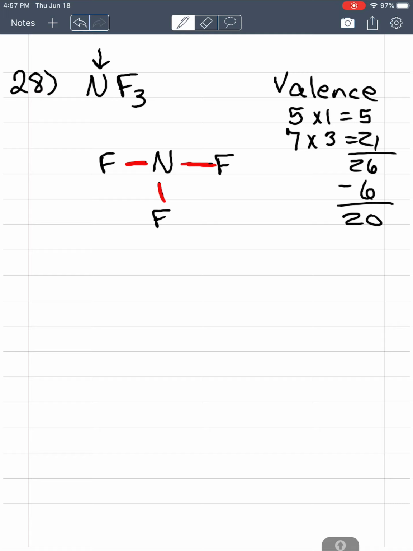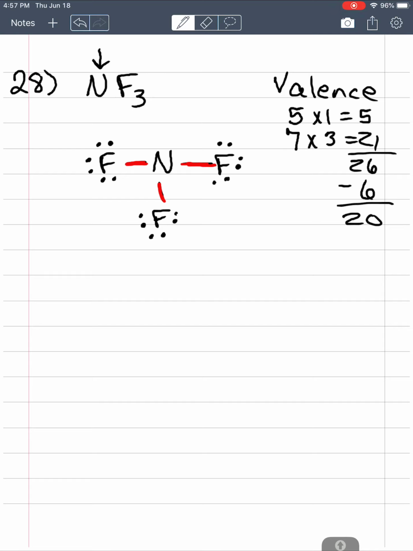So now we're going to fill up the outside elements with octets. 3 times 6 is 18.